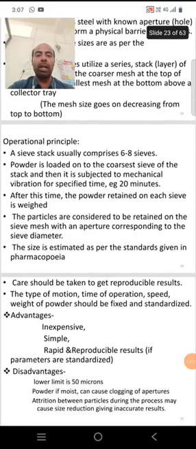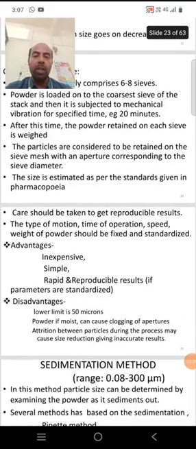The particles are considered to be retained on the sieve mesh with an aperture corresponding to the sieve diameter. The size is estimated as per the standards given in the pharmacopoeia. Care should be taken to get reproducible results. The type of motion, time of operation, speed, and weight of powder should be fixed and standardized.